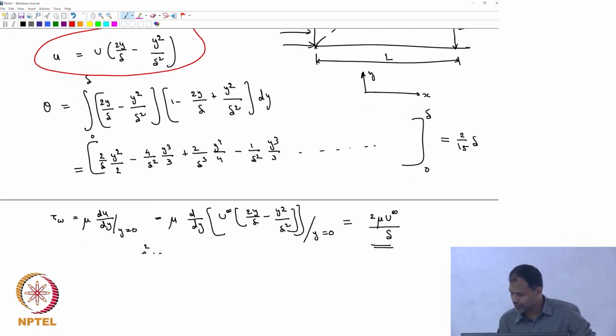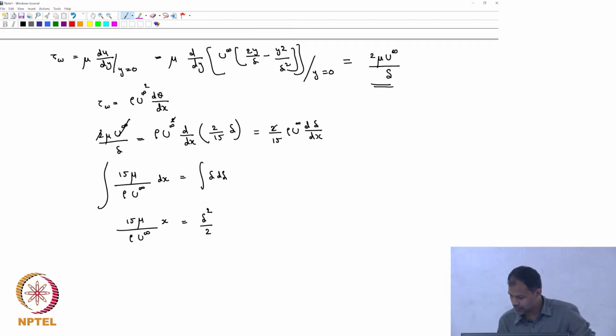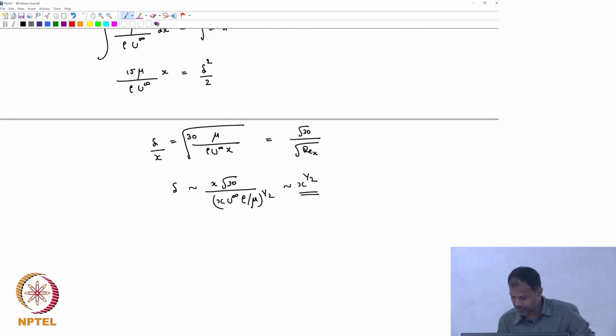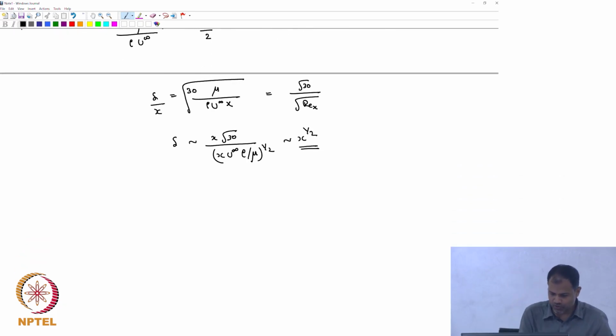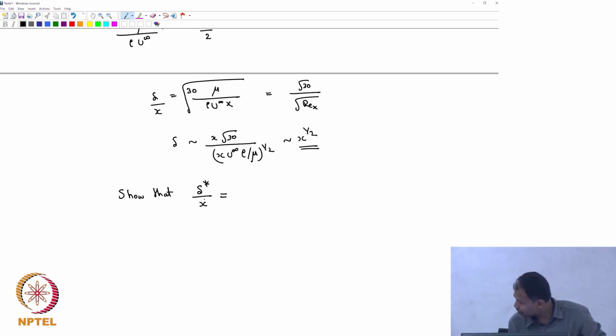So homework for you: just use these expressions and try to show that delta star by x is equal to 1.83 by square root of Re_x, where delta star is the displacement thickness.